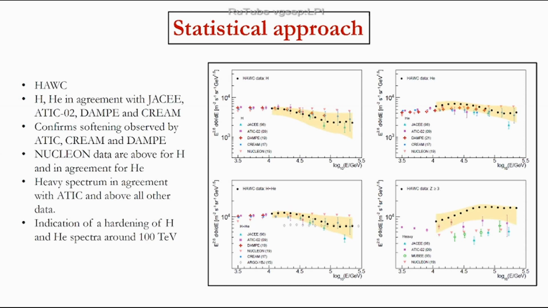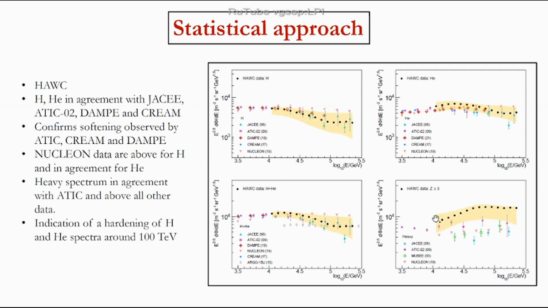The same data points have been compared by the HAWC collaboration with the results of direct measurements. And we can see that hydrogen and helium are in agreement with the JACEE, ATIC, DAMPE, and CREAM experiments. And the nucleon data are in agreement with the helium spectrum and are a little bit above the hydrogen spectrum, but at the limit of the systematic errors.